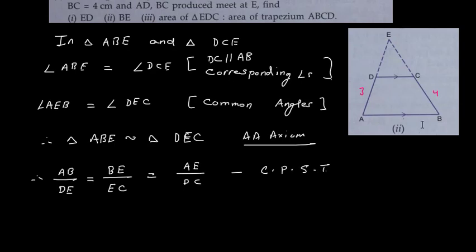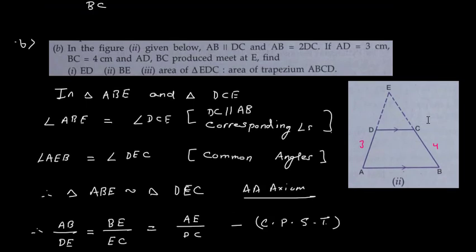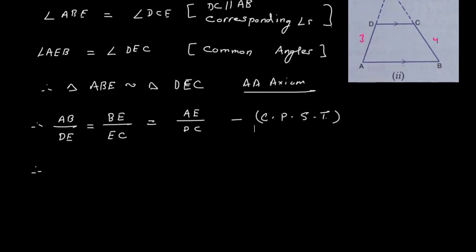Now in the problem, something wrong I have written, AB upon DC. Here it is ABC and DCE. Here this triangle is DCE. So everything I have to change.